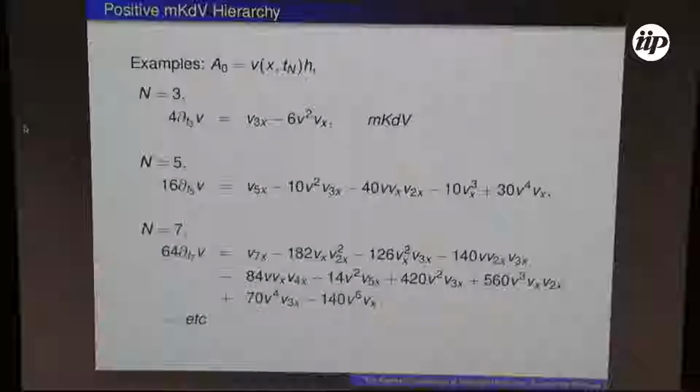And you see you have one derivative with respect to the time, and then you have 5 derivatives with respect to x. And then you have more complicated nonlinear terms. For n equals 7, the same. You have 7 derivatives with respect to x and more nonlinear terms. So all these equations come from a universal picture, which is the zero curvature and the same algebraic structure.